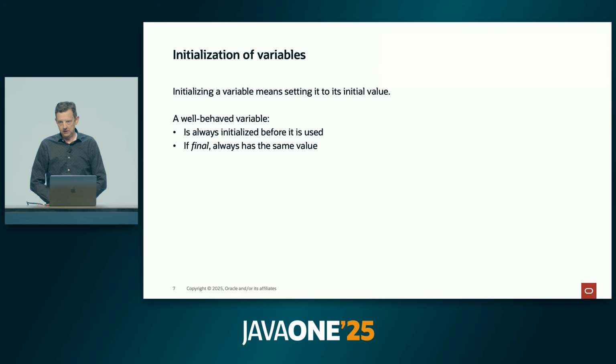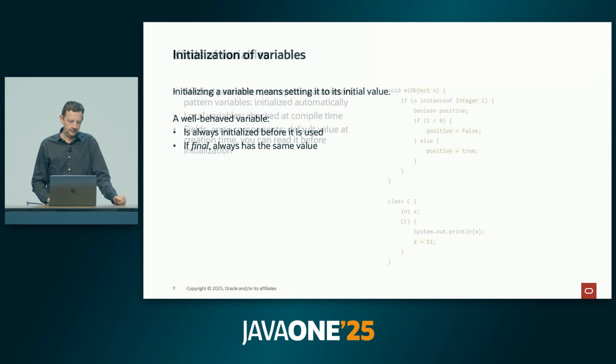If the variable is final, that initialization is the only initialization. I think that's the intuition behind the word final. It gets initialized, it gets assigned once, and that's the final assignment. So these are properties that any good variable is going to satisfy, and as much as possible, we'd like the language to be able to enforce these things.